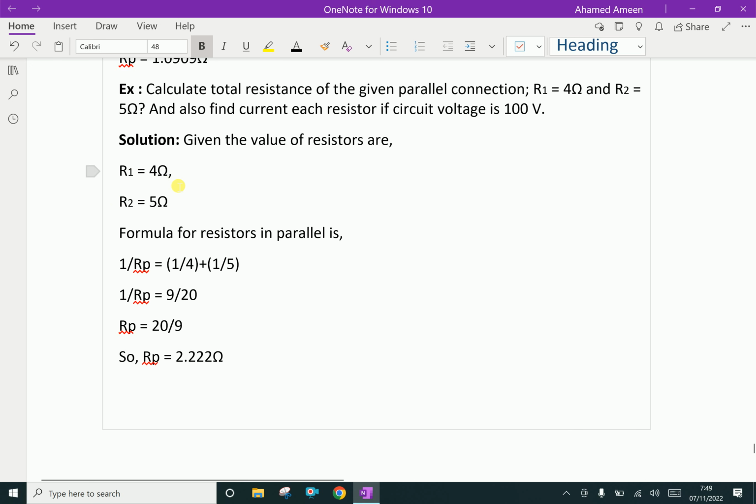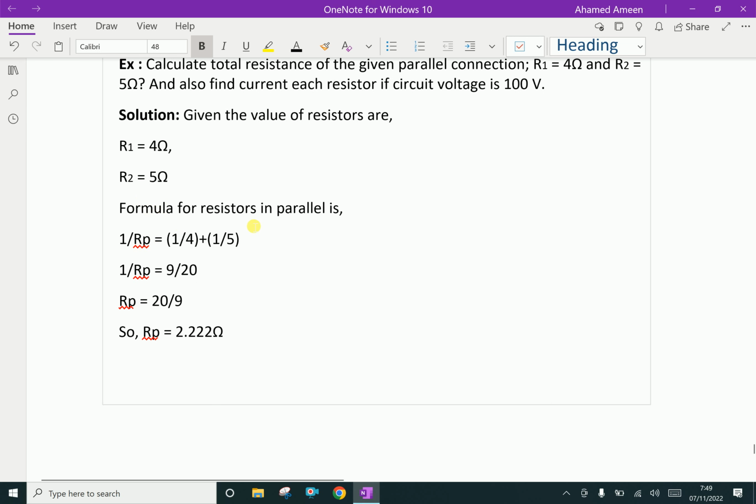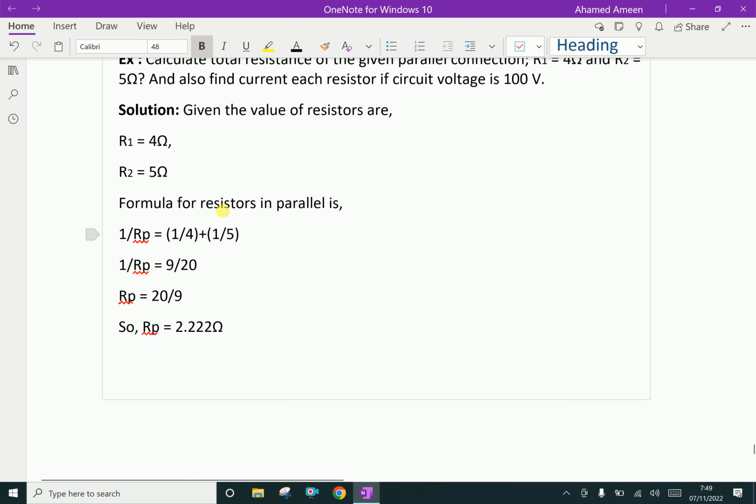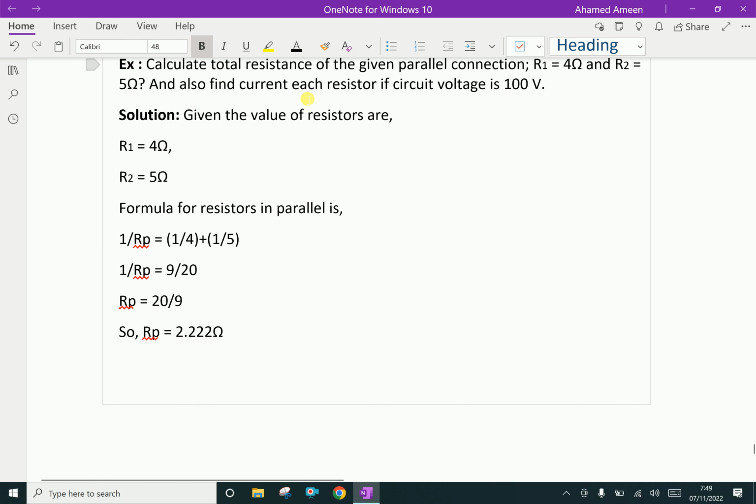The formula of resistors in parallel is 1 by Rp equals 1 by 4 plus 1 by 5, LCM is 20. Then 1 by Rp is 9 by 20. Then Rp is 20 by 9, which is 2.2222 ohms. Now we also have to find the current for each resistor if the circuit voltage is 100.